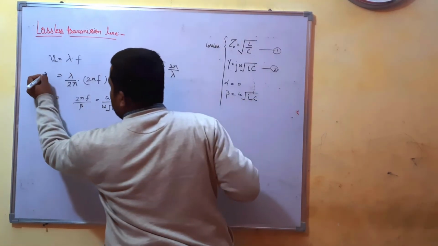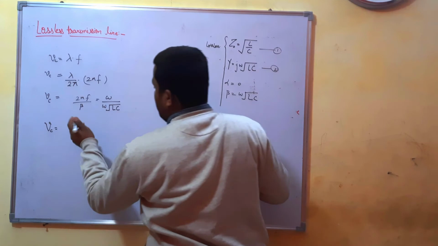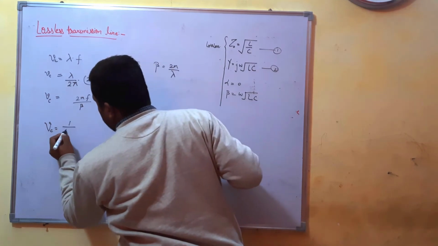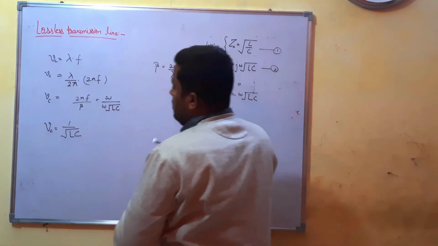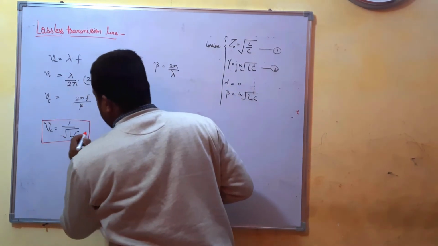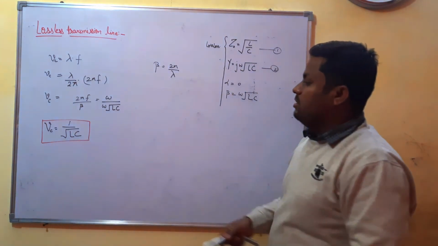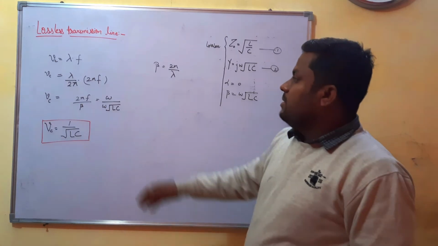So the velocity of wave can be written as 1 upon under root LC. This is our next equation for the numerical: Vc is equal to 1 upon under root LC.